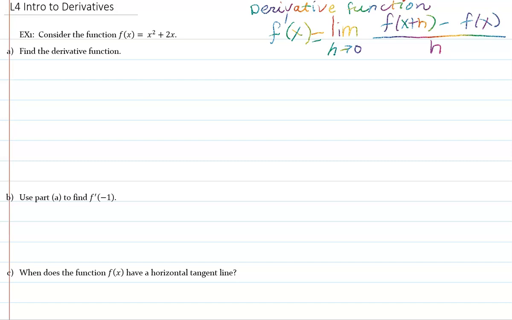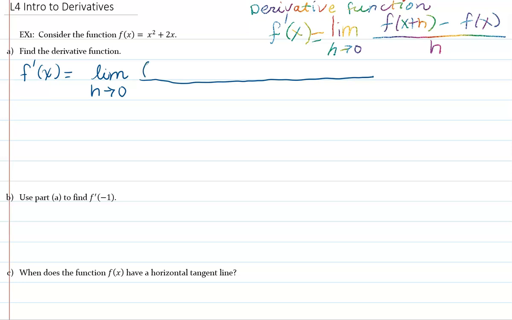Okay, so for this problem, we would say given the function f of x is equal to x squared plus 2x, find the derivative function. Well, there's the definition. So we would say the derivative function is the limit as h goes to 0 of f of x plus h.